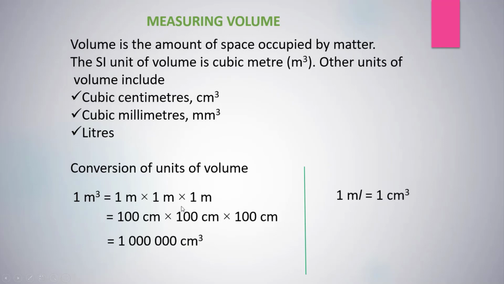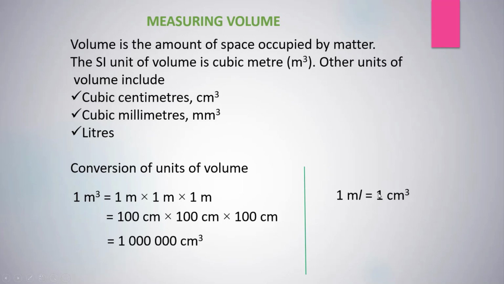Okay, but also remember that 1 milliliter is the same as 1 cubic centimeter. 1 milliliter is equal to 1 cubic centimeter. It is the one originally being called cc, cubic centimeter, the cc.